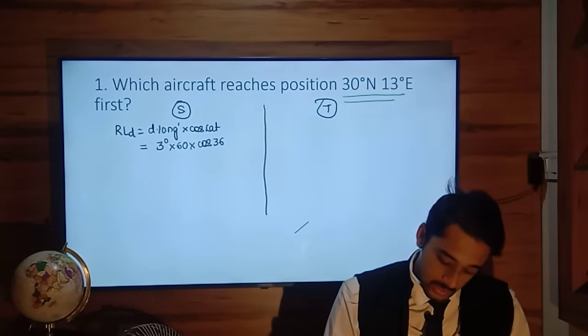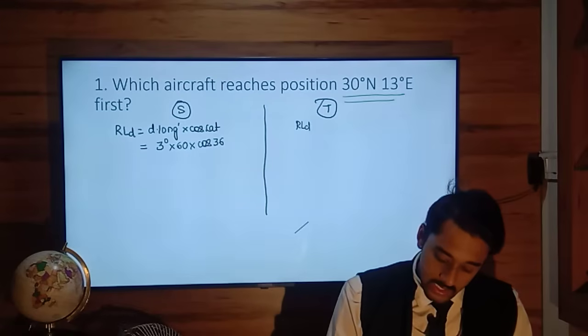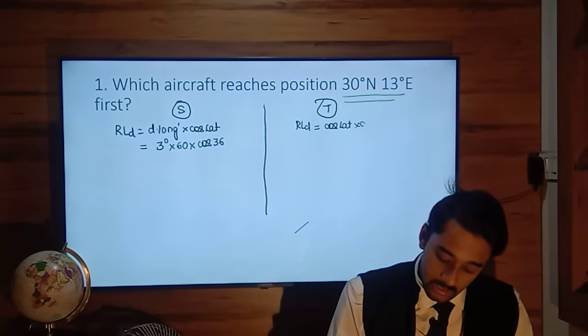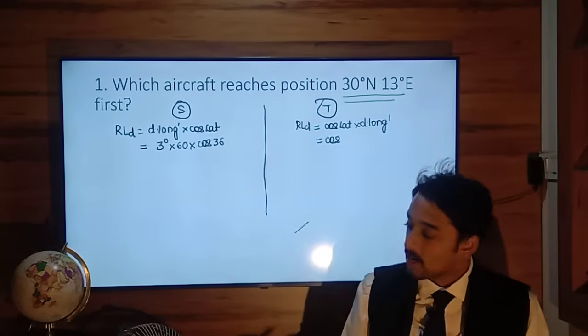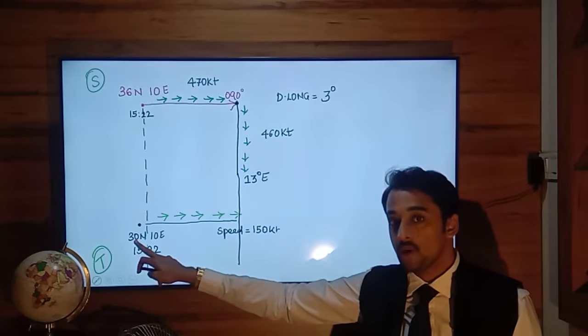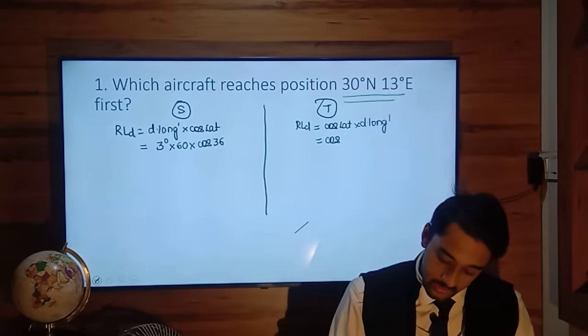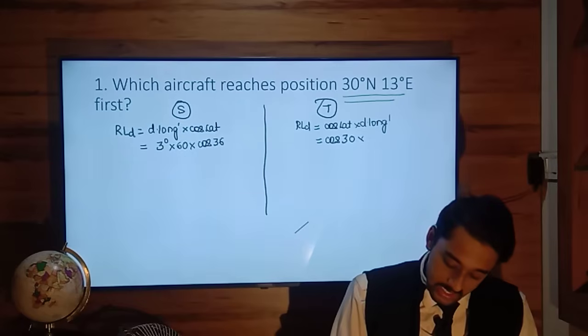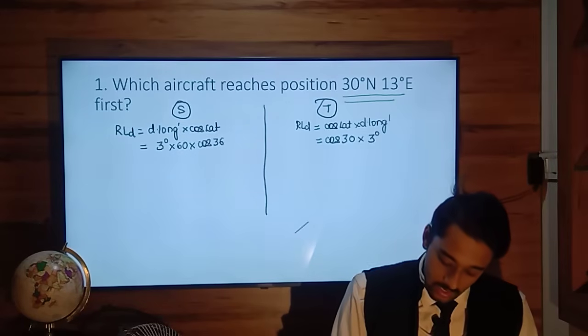So cos 36. Here, the rhumb line distance is equal to cos of latitude times d long in minutes. Now for aircraft Tango, the latitude was 30 degrees north, so write cos 30. D long is the same, 3 degrees times 60.